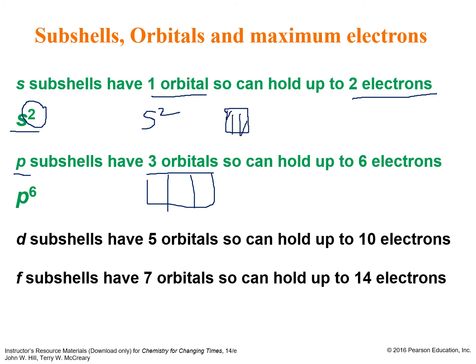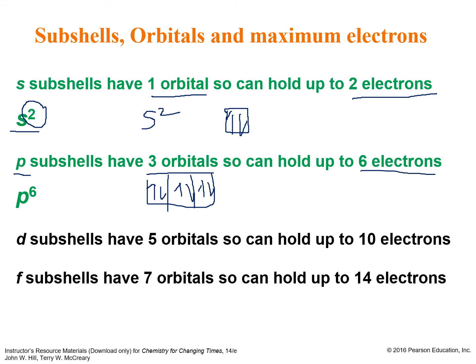If the electrons are shown as these arrows, they're always in the anti-spin, so one spin is going up and one is going down. Because each can accommodate 2, p can have a maximum of 1, 2, 3, 4, 5, 6 electrons.